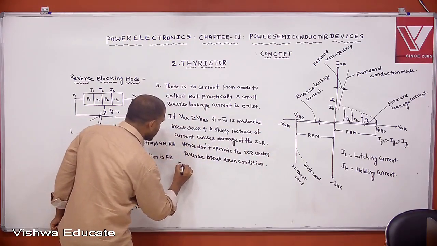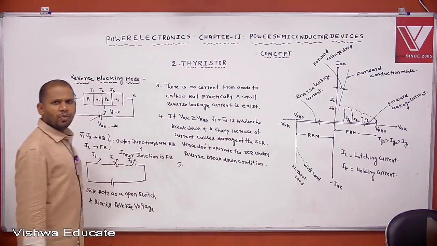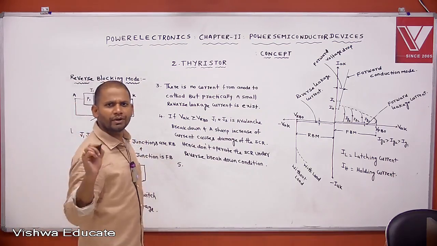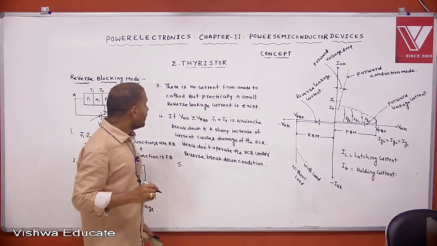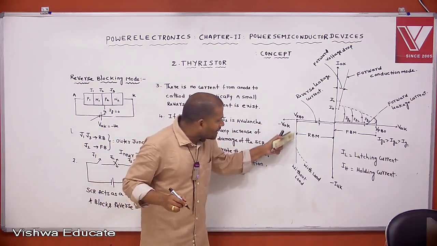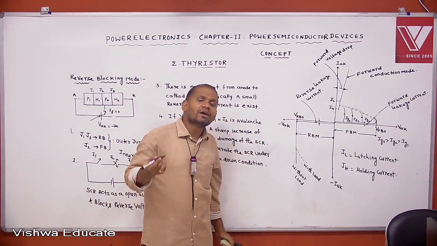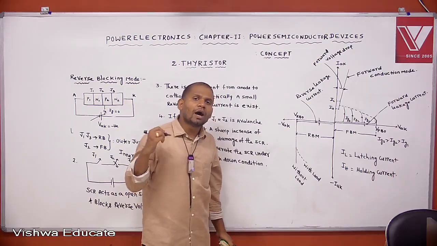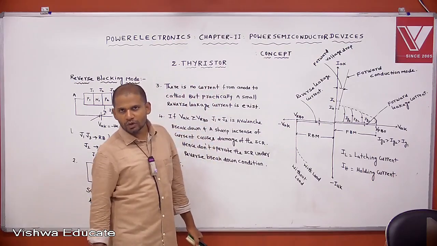Then what is the fifth observation? Every point is important from a competitive point of view. Clear? This sharp increase of current causes the damage of the SCR. Hence, don't operate the SCR under reverse breakdown condition.